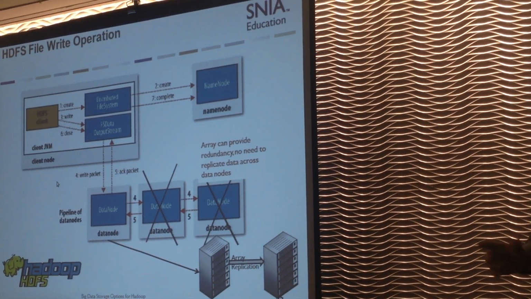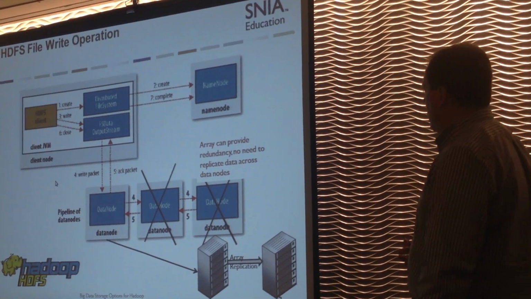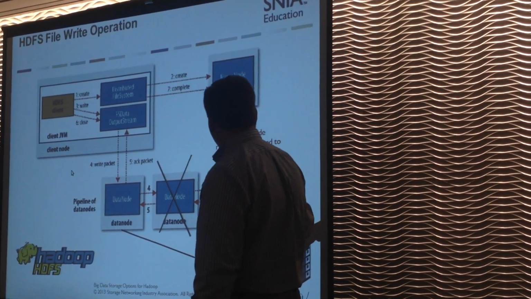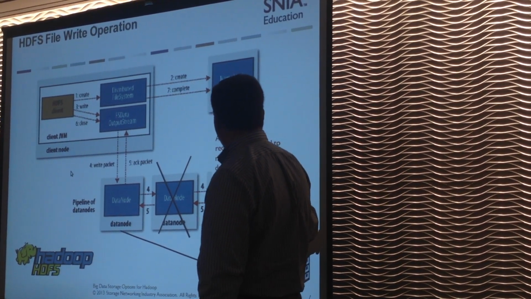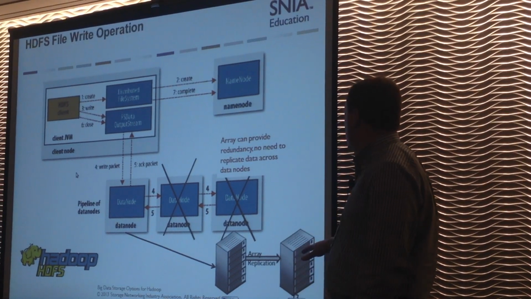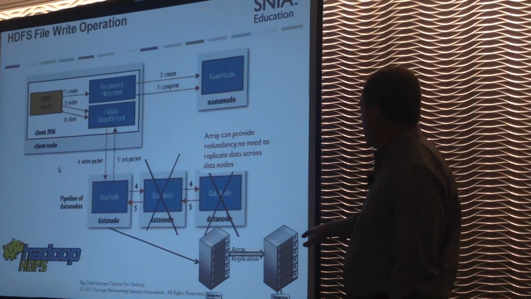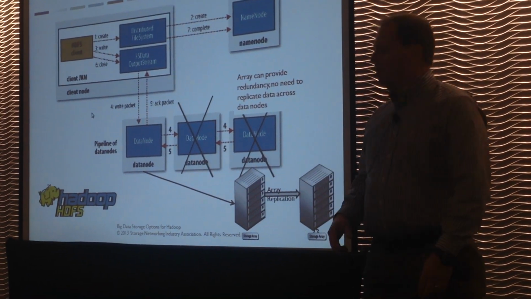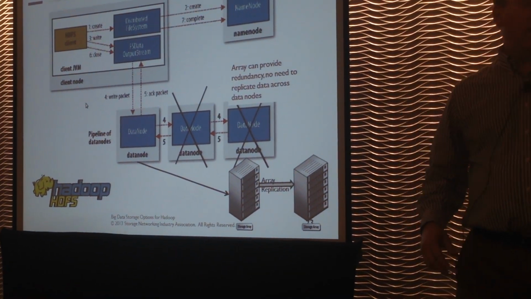What's interesting is if you run in this kind of a mode, it is possible to do some of the replication using the array replication, or not replicate if RAID is good enough for you. And that eliminates some of the need to do all of these additional copies in the system.